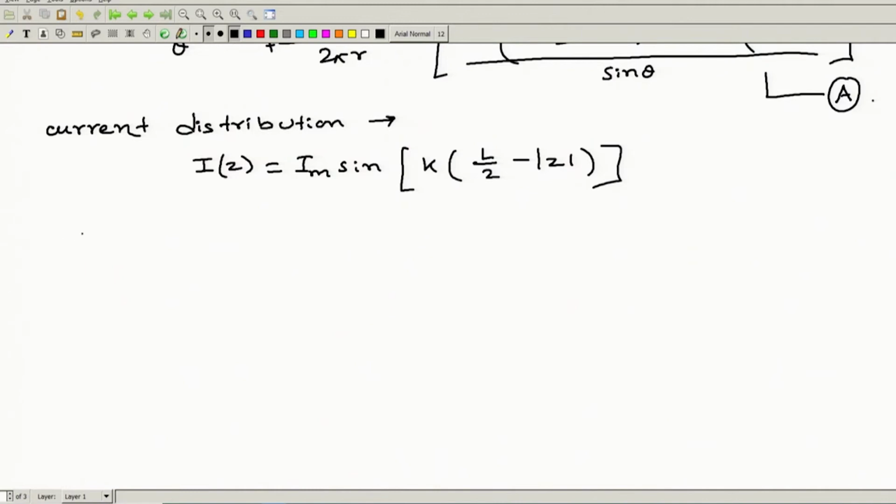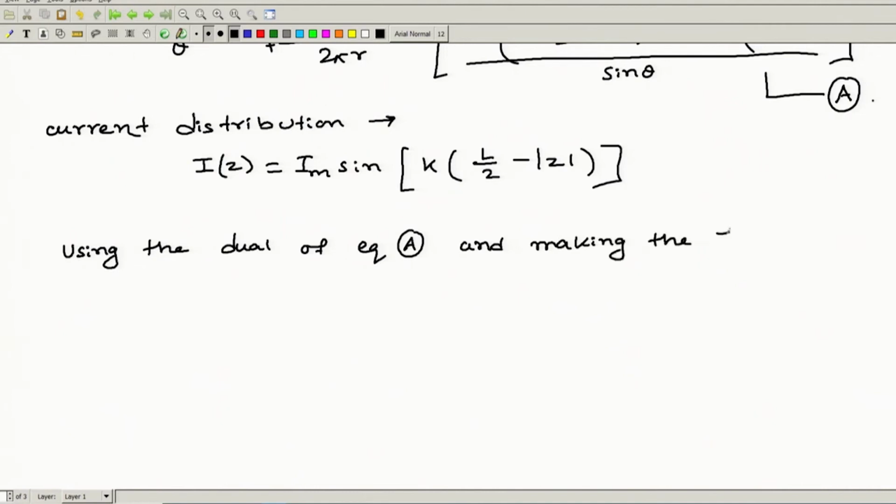So by using the dual of equation A, we can write, making the following substitution, we will use the dual of equation number A and substitute in place of Im, 2 Vm.